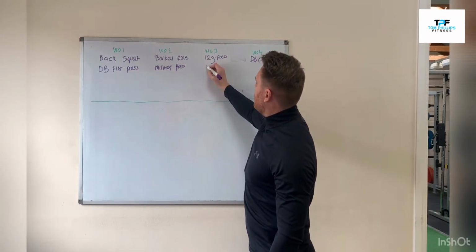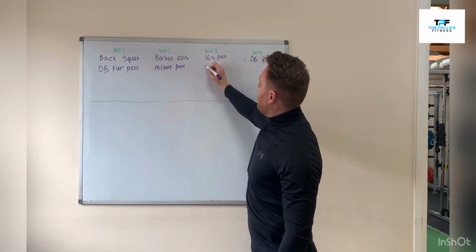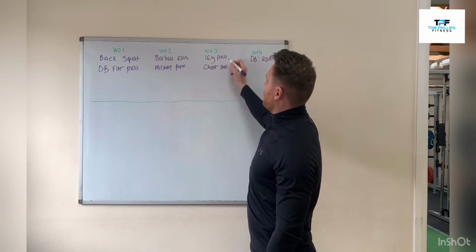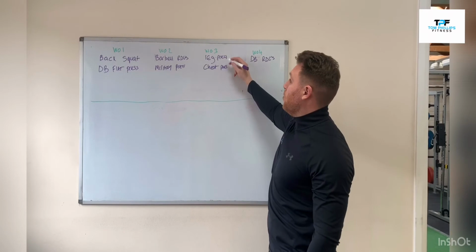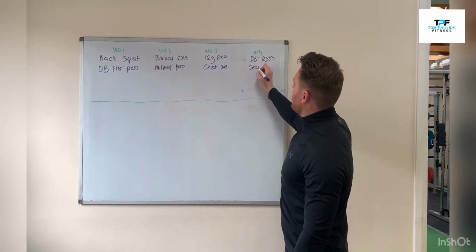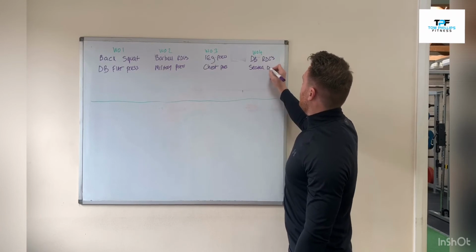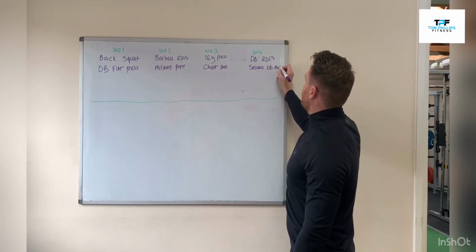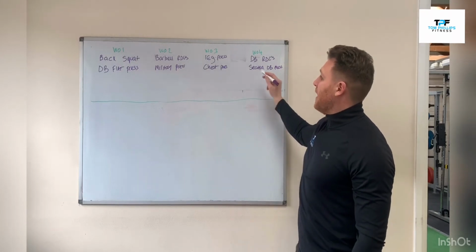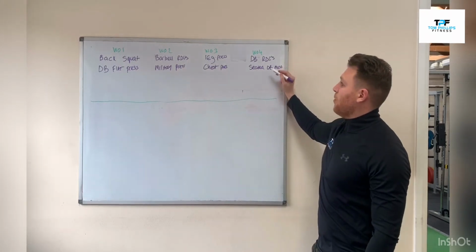We could then use in here a chest press machine. Just cautious that this doesn't become all machine exercises. And we could then come in here a seated dumbbell press. Okay, so we've got back, and then we've got legs, and then we've got shoulders and chest.